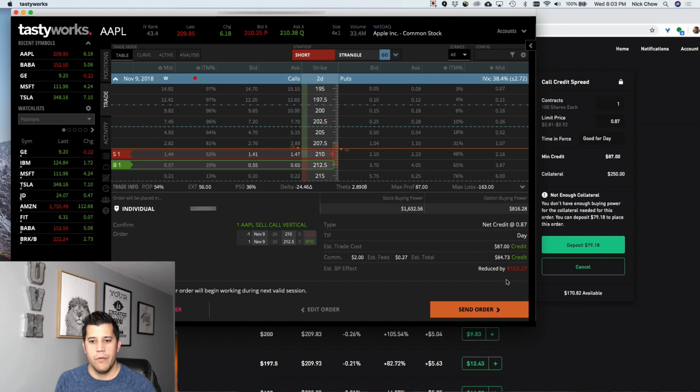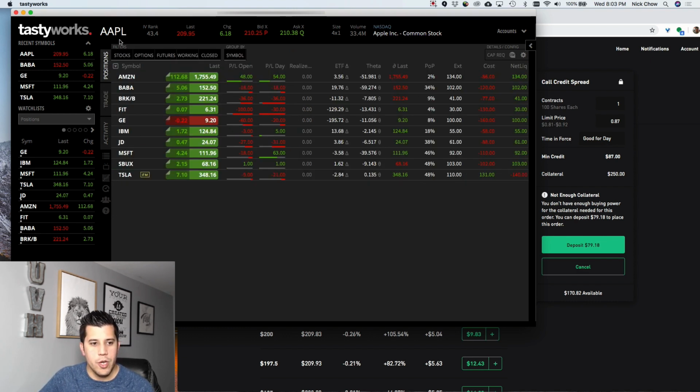If you did this 5 times or 3 times, you'd actually be able to put on more trades or more contracts in Tastyworks than in Robinhood. So your ability to make more money on Tastyworks would be greater because you'd be able to deploy that capital, versus Robinhood would be tying it up in your buying power. So just to keep in mind.